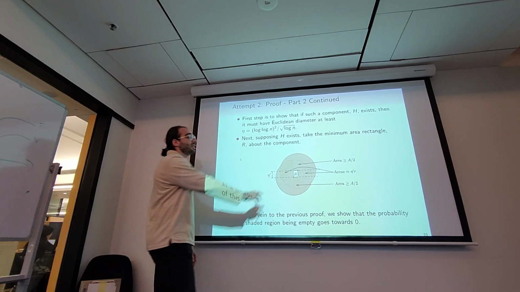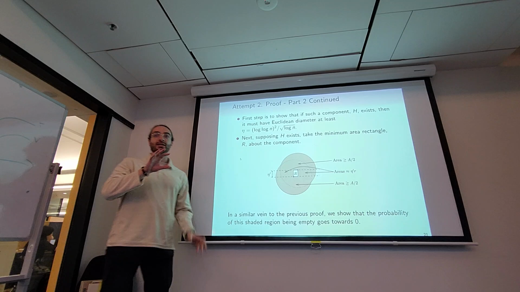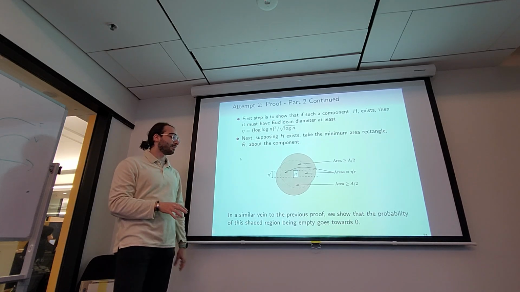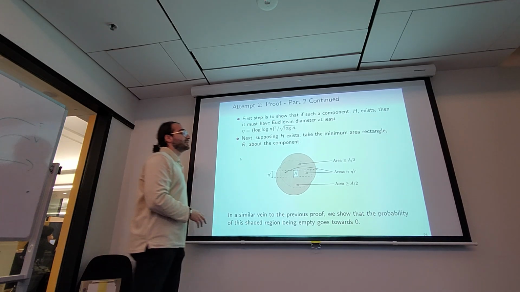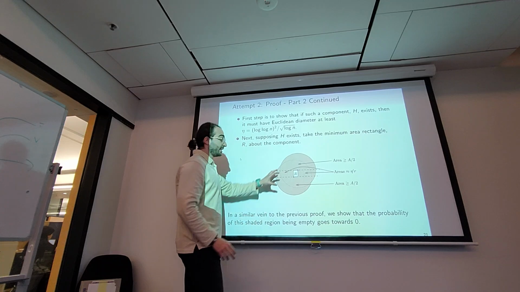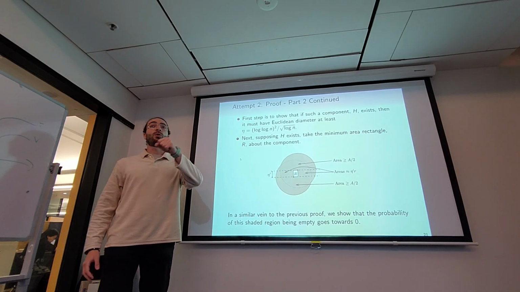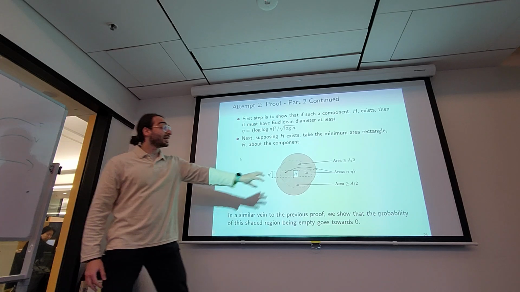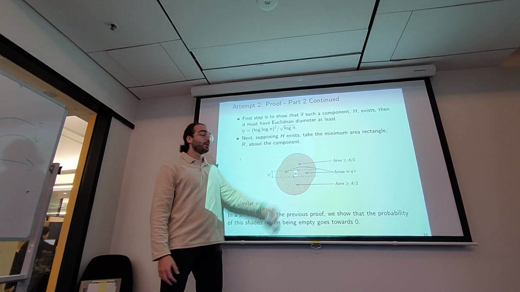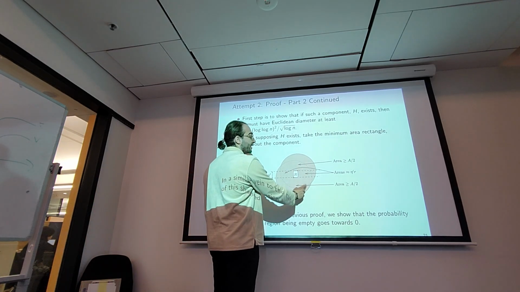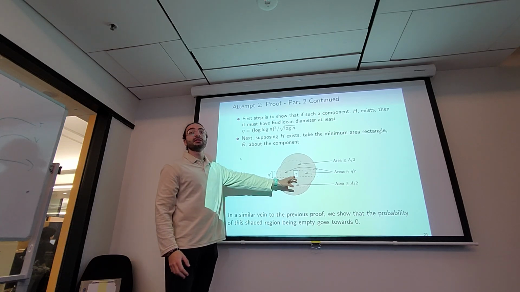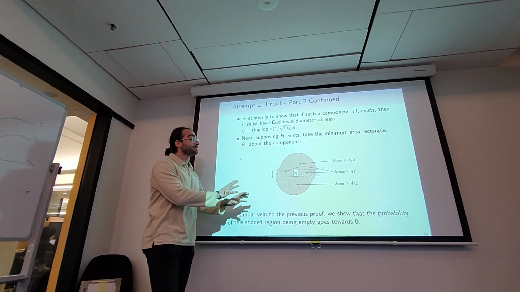You can imagine this is just the smallest area rectangle that can cover everything in the component. Now we're looking at this shaded region, which represents the minimum area required to be empty such that this is an isolated component. If any vertices exist in the shaded region, they must be connected to R, so it's no longer its own component.